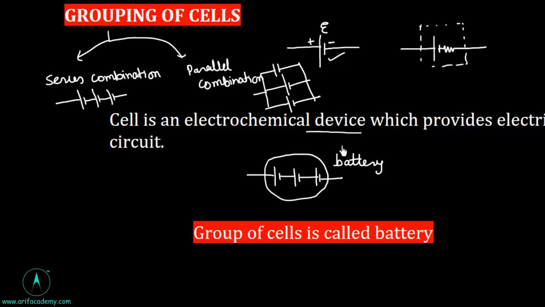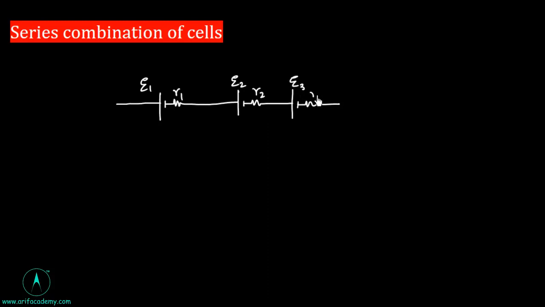First we are going to study the series combination. I have taken three cells in series, whose EMF is E1 and internal resistance is R1, the second has EMF E2 and internal resistance R2, and this is E3 and R3.